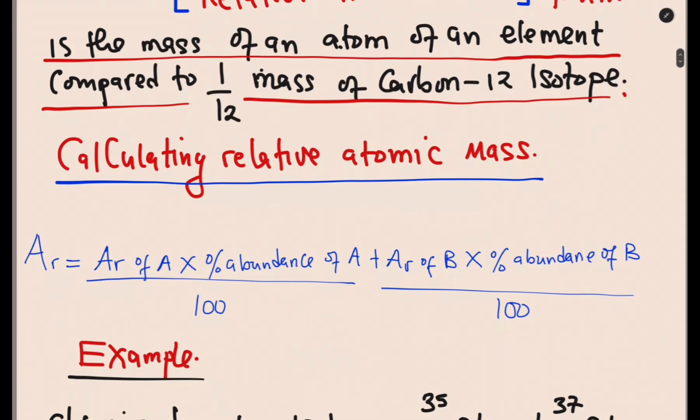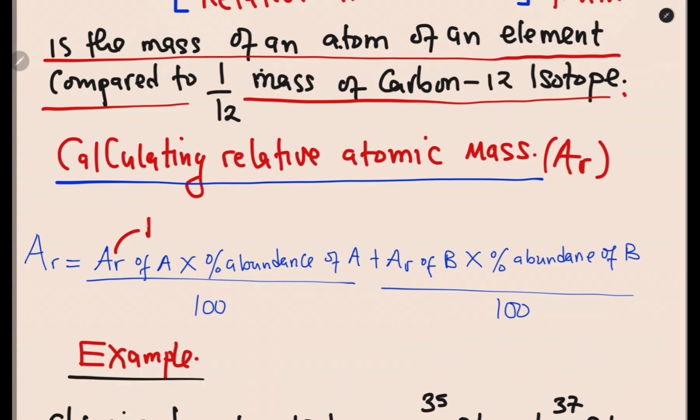In order for you to calculate the relative atomic mass, you are going to use this formula. Ar for relative atomic mass is equal to the relative atomic mass of A. If there are three isotopes, normally you are given the relative atomic mass, then you multiply it by its abundance, normally in percentage.